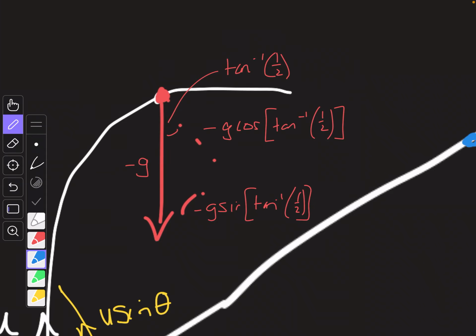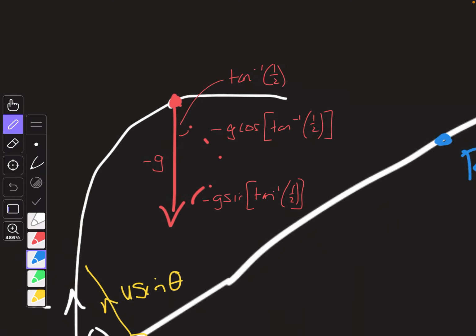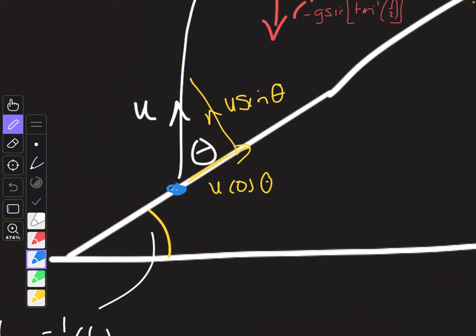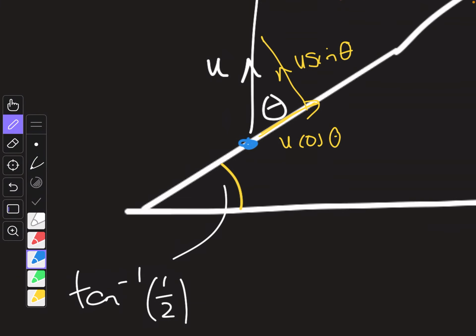So I'm just going to plug that in my calculator now. Tan inverse of a half, and cos of that answer is going to give me something ridiculous. You'll obviously have a calculator and can pause the video and do that.